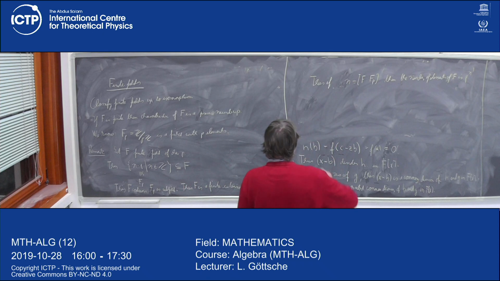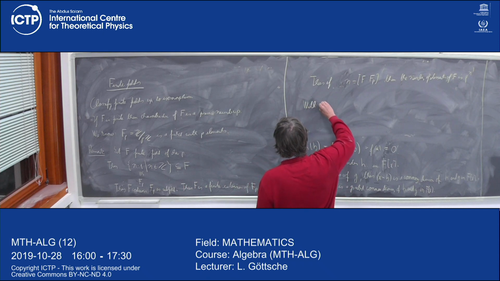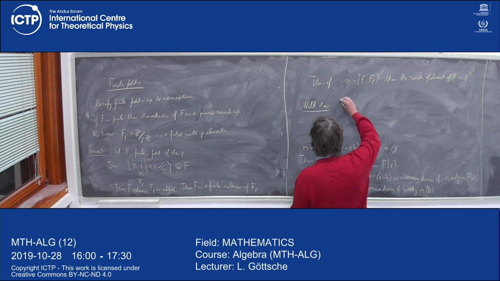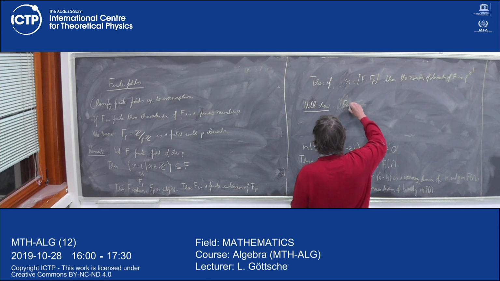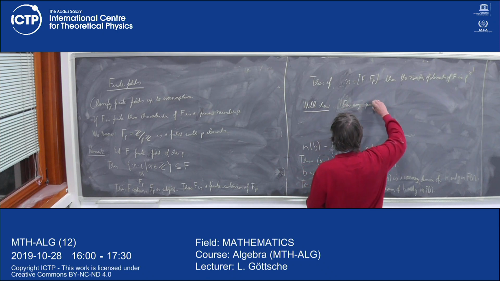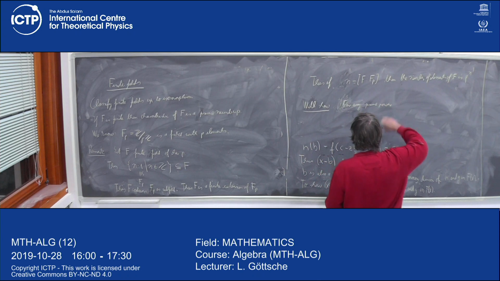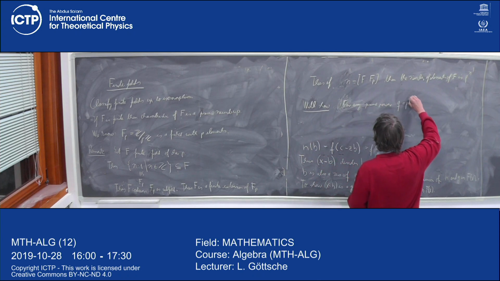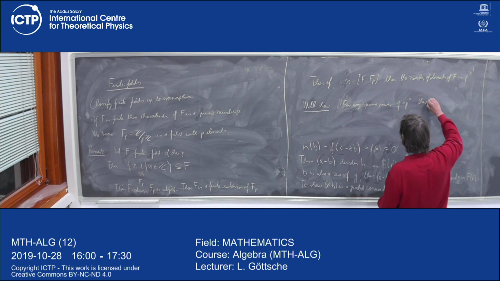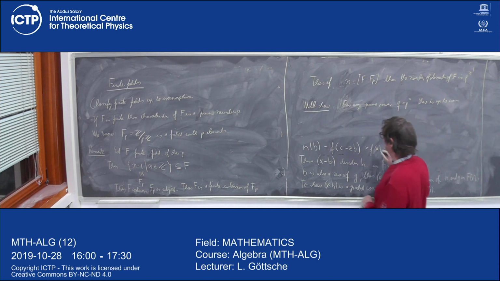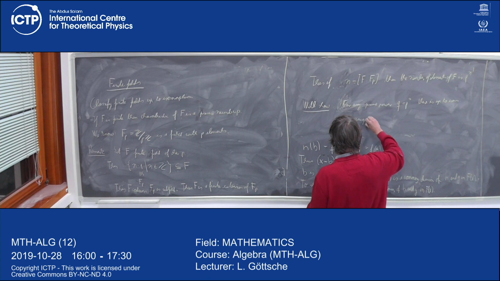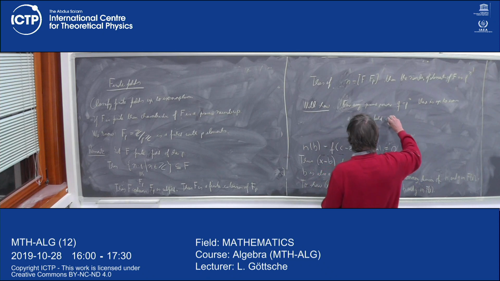I'll just say next time we will show that there are, up to isomorphism, for any prime power Q equal p to the n, a unique field with Q elements.